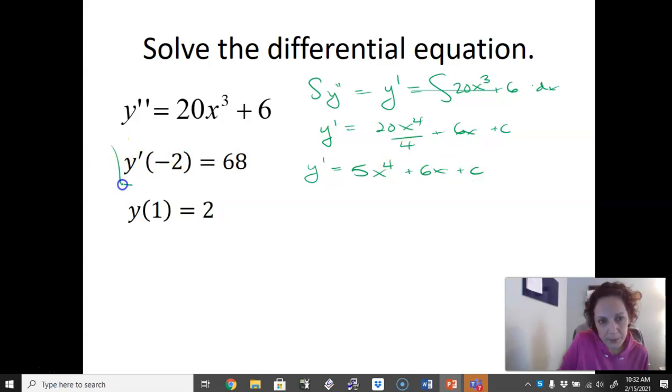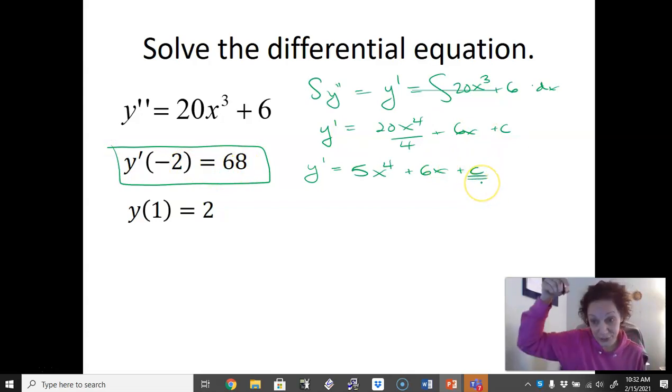And here's what we know. If you plug in a -2, you should get a 68. Right? So I can figure out what this c value is immediately, and I need to do that now. Right. So let's see. I should get a 68 if I plug in a -2.